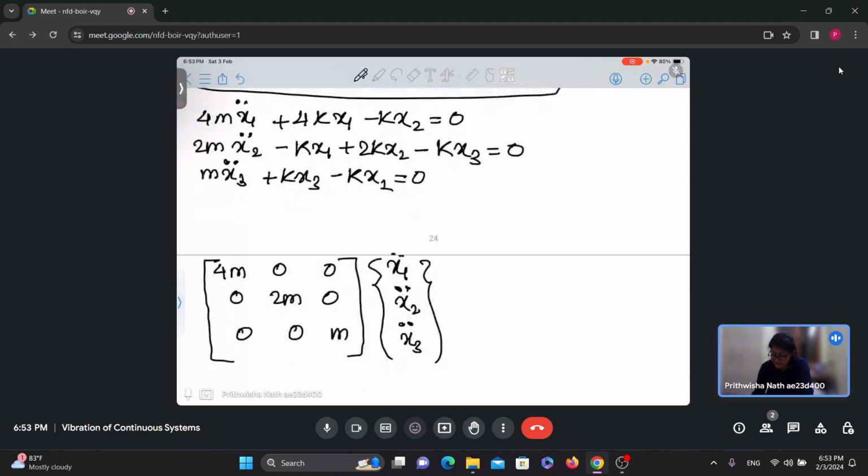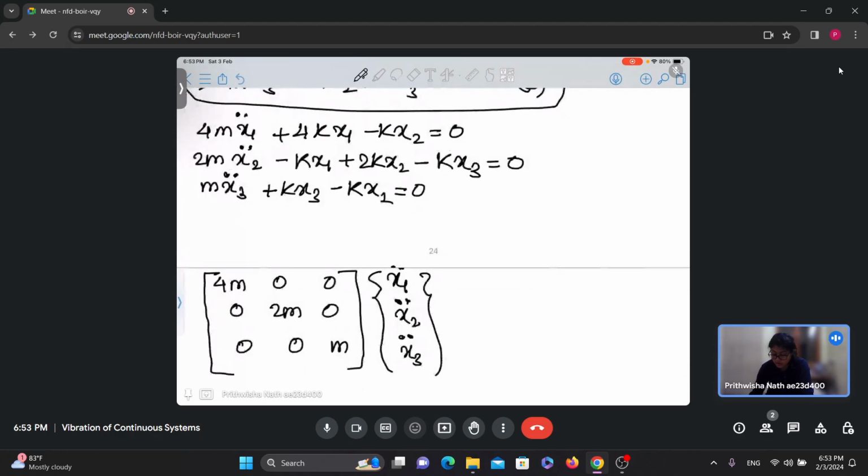So if I multiply this 4m into x1 double dot, the first term is coming, and the 0 and 0 terms become 0. For the second row, 0 into x1 double dot is 0, plus 2m into x2 double dot, that is 2m x2 double dot, and plus 0 into x3 double dot, so that is also 0.